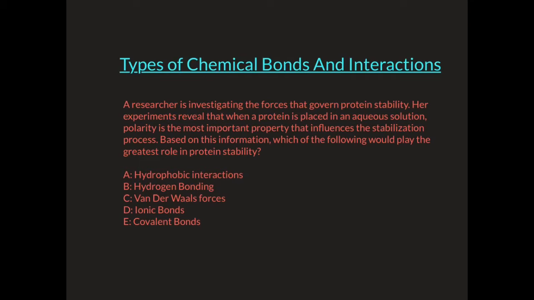So the first question we're going to go over is related to types of chemical bonds and their interactions. Typically most AP biology questions will give you a lot of information, and a lot of that is because the test writers want to see how well you're able to manage your time. Most of the information they give you isn't really critical to answer the question.